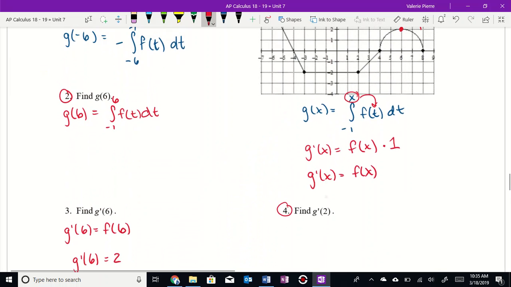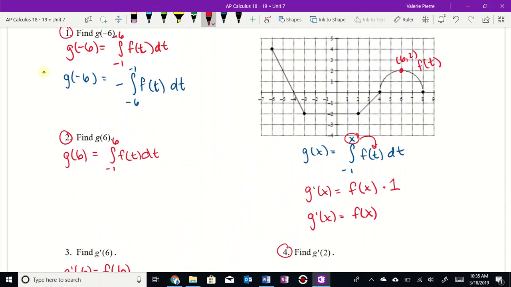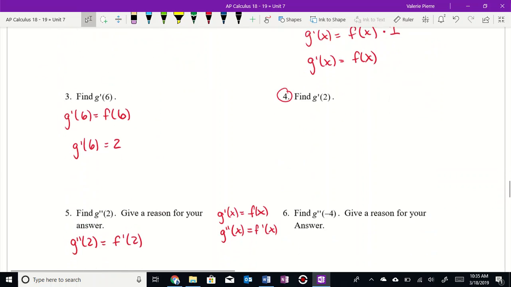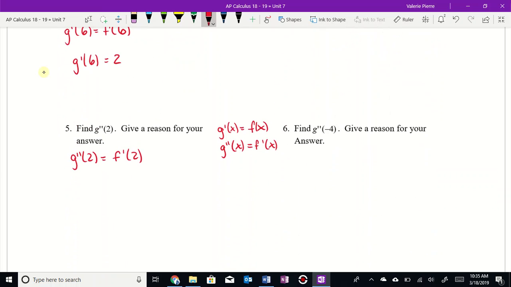And if we look at 2, point 2 is on a cusp. Therefore, it does not have a derivative. So f prime of 2 is undefined because f of t has a cusp at t equals 2.